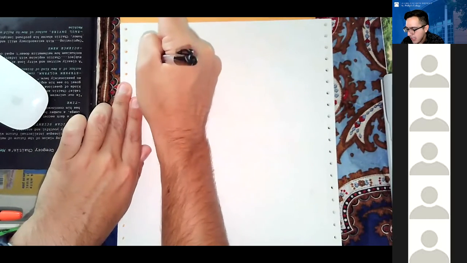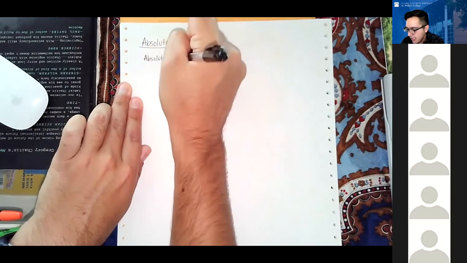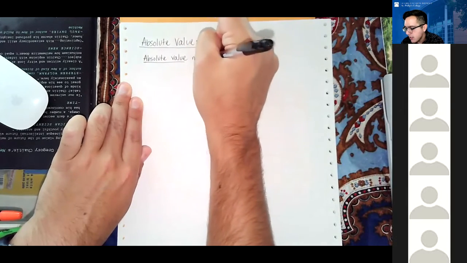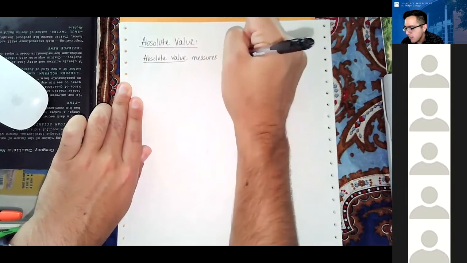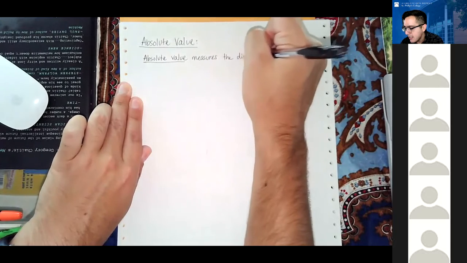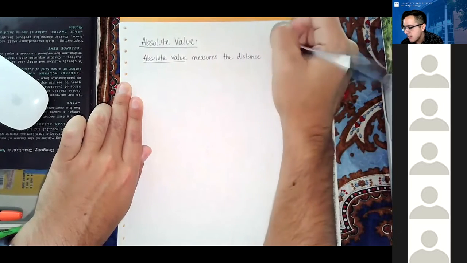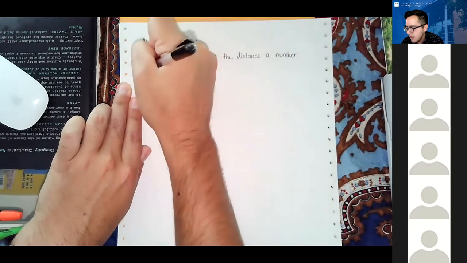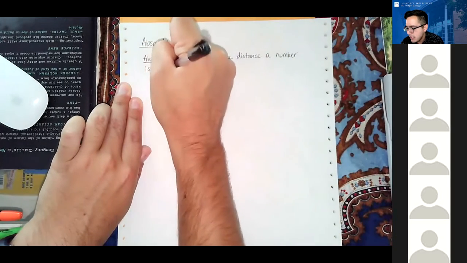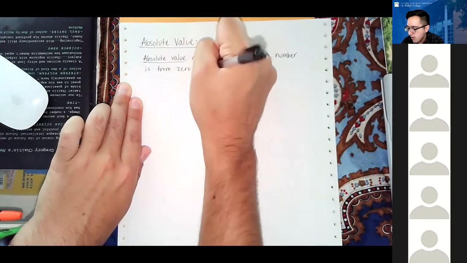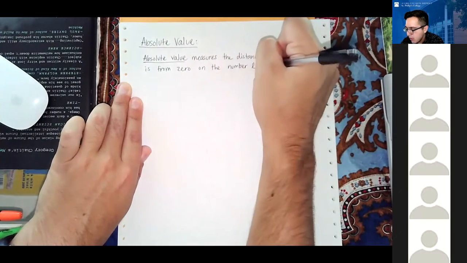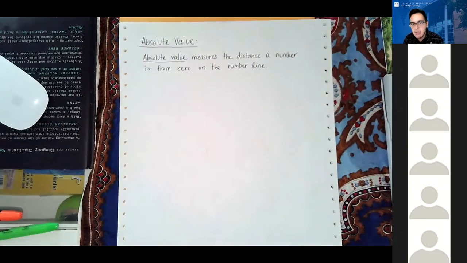So the absolute value of a number measures the distance a number is from 0 on the number line. And hopefully this will clear up some of these ideas about addition and subtraction with positive and negative numbers.